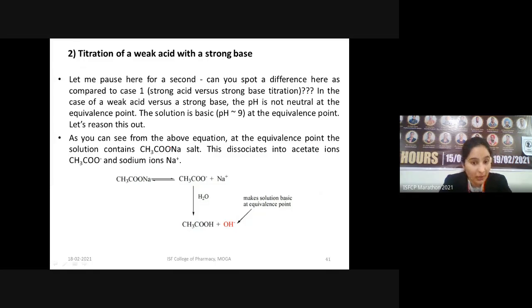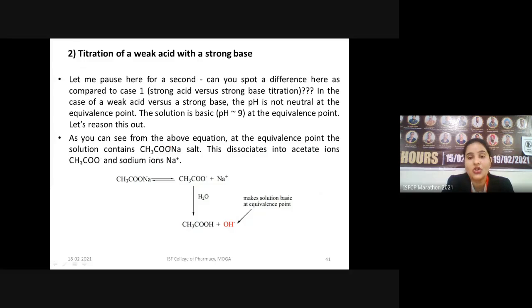But still, at the point of equivalence, it is observed that the pH is not 7. The pH is not neutral in the case of titration of a weak acid with a strong base. The reason behind this is that at the equivalence point, the solution contains sodium acetate salt, and the sodium acetate salt dissociates into acetate ions and sodium ions.